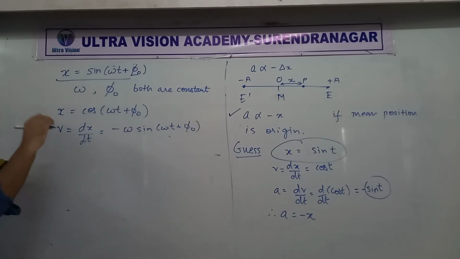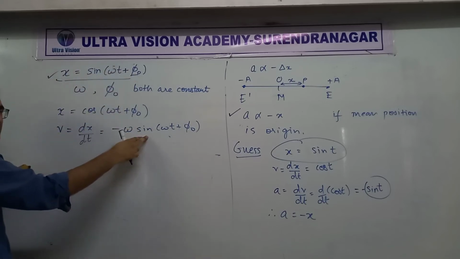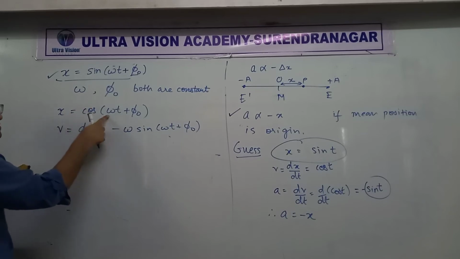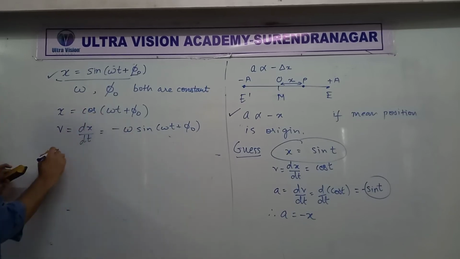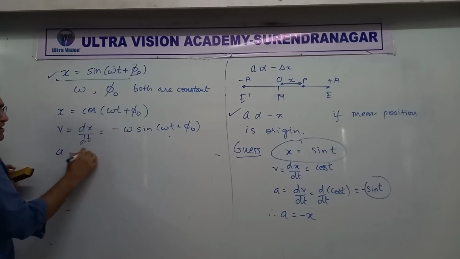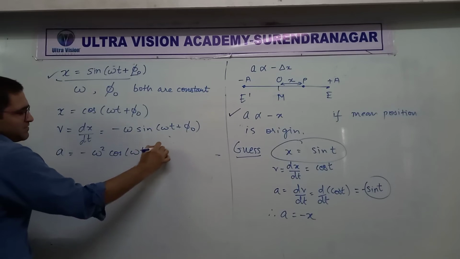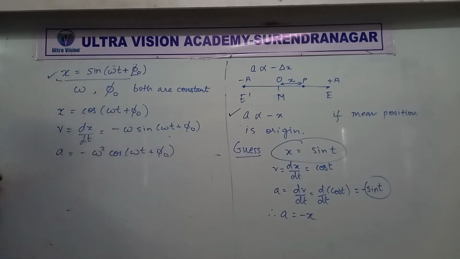So earlier we were getting, if you take x equal to sine something, you get v is cos something. But here if you take x equal to cos something, then you get v equal to sine. And then acceleration is, once again you differentiate this, so you are going to get minus omega squared cos omega t plus phi 0 by doing differentiation one more time. So once again you will get the same relation.